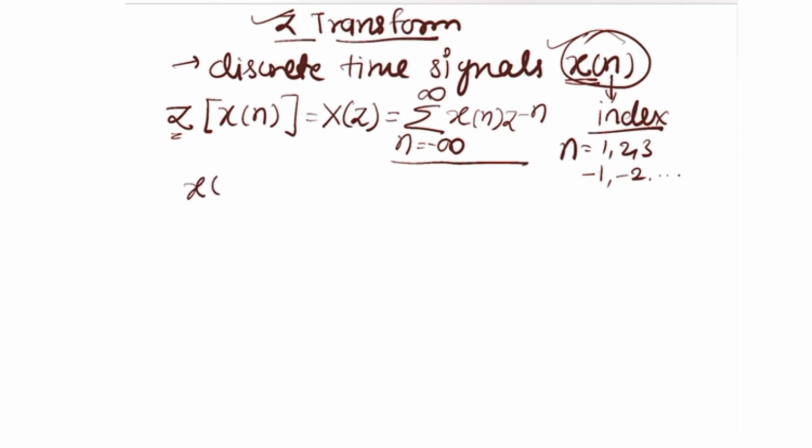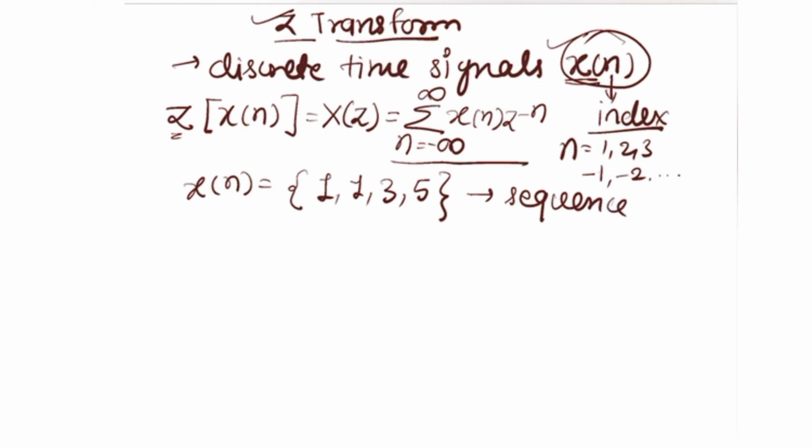Suppose a discrete time signal is given as 1, 1, 3, 5. This representation is sequence representation for a discrete time signal. Now, how to find the Z transform for this discrete time signal?